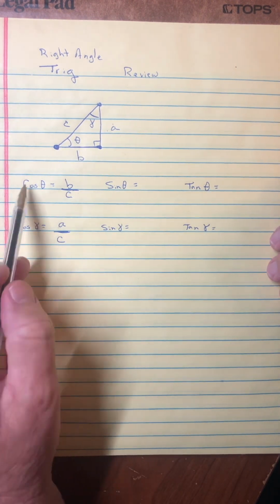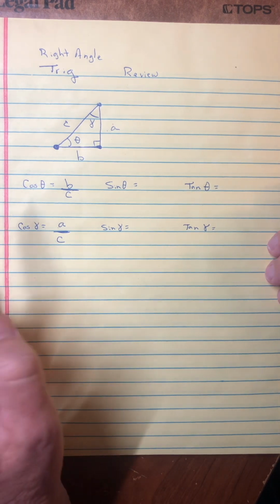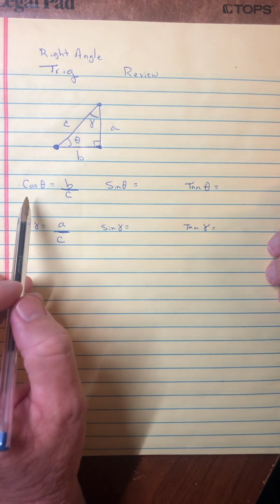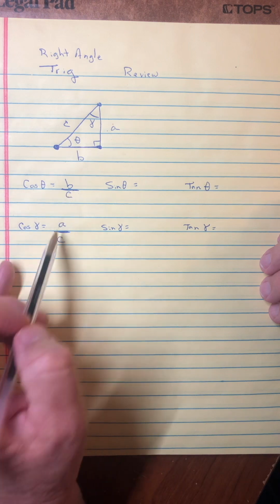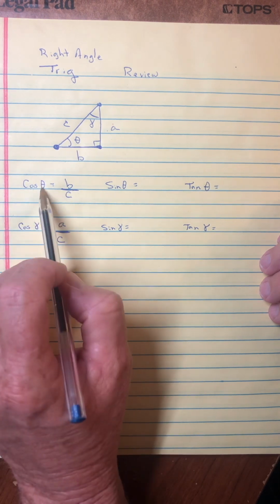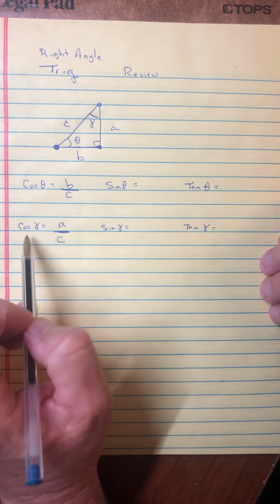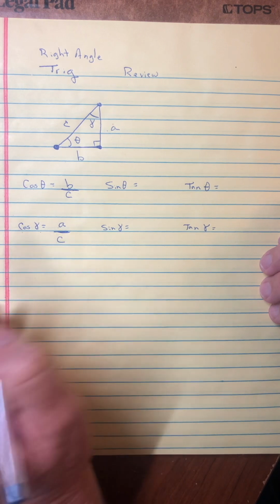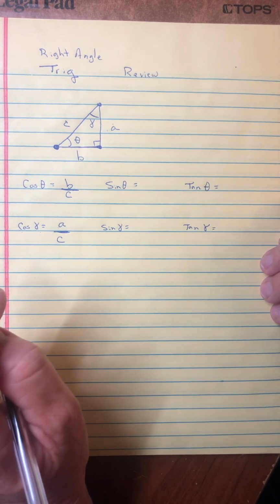One thing you need to be careful about is to make sure that when you are doing a cosine function, you think of it as adjacent over hypotenuse. Because notice, when I'm looking at this angle, the adjacent is B, but when I'm looking at this angle, the adjacent is A. That can throw students into confusion.